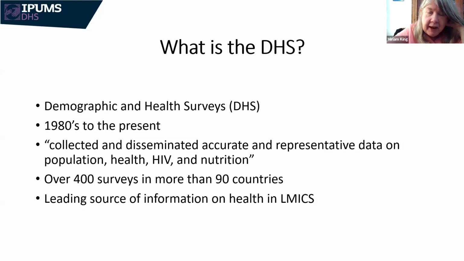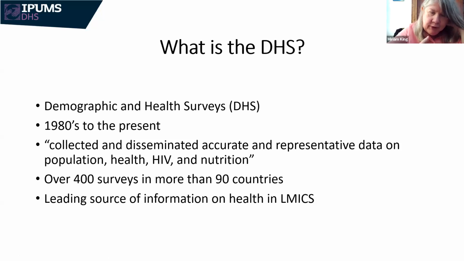So the Demographic and Health Surveys have been fielded from the 1980s to the present. The DHS program website describes the data as collecting and disseminating accurate and representative data on population, health, HIV, and nutrition.